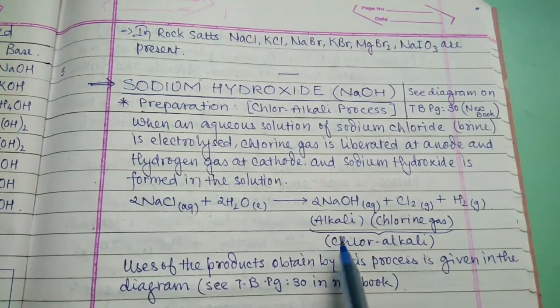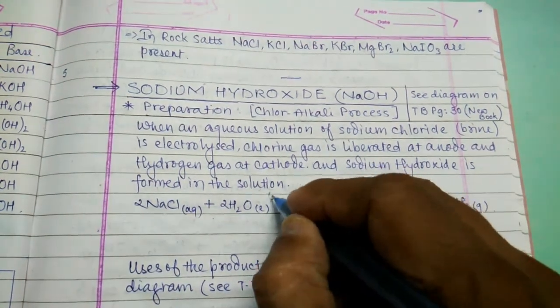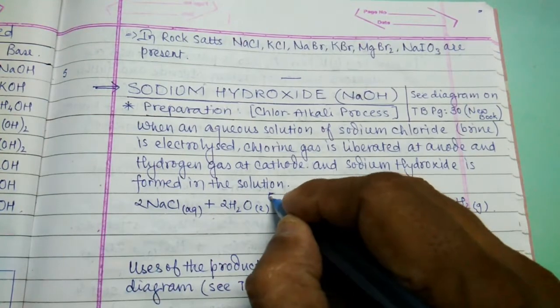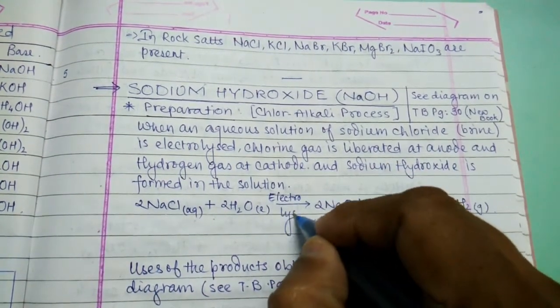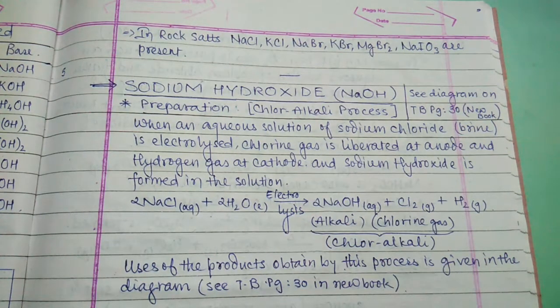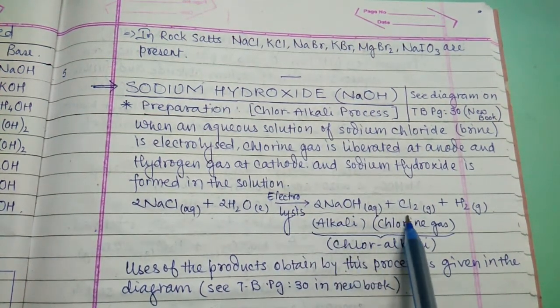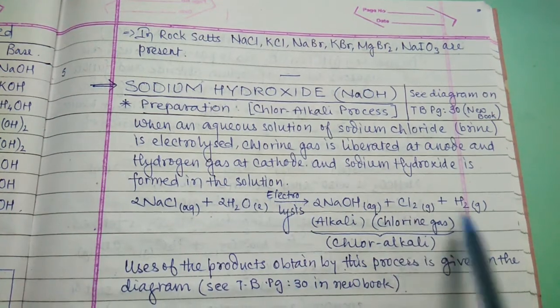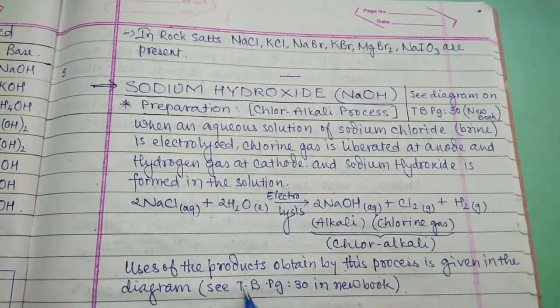When electric current is passed, that is electrolysis. Electrolysis means electric current is passed through this solution. So sodium hydroxide and chlorine gas, along with hydrogen gas, are obtained.